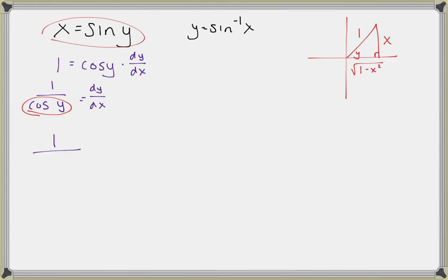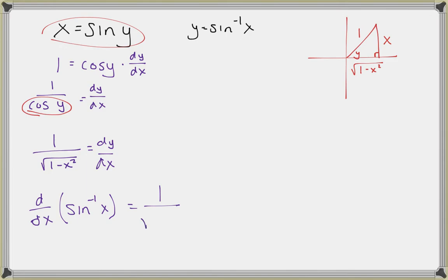The cosine of y, cosine is adjacent, which would be that square root side that we solved for, over hypotenuse, which is 1. So we don't need to write over 1. And so that is our dy dx. This is the derivative of the inverse sine, or arc sine, is this fraction of 1 over the square root of 1 minus x squared.